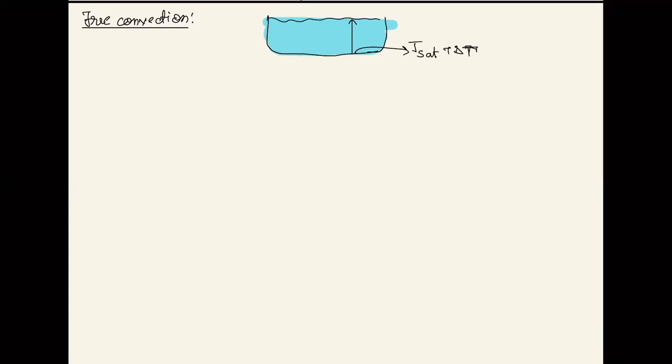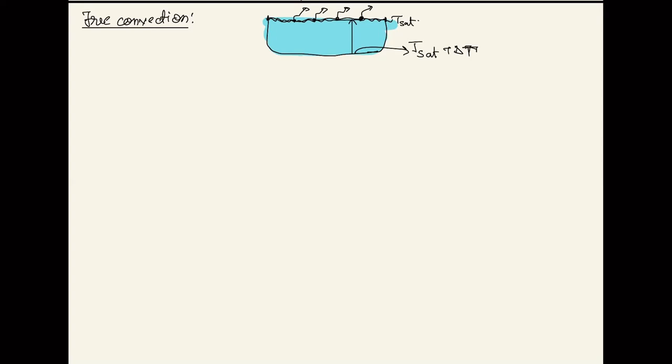Here at the top surface, the temperature is almost equal to Tsat, but slightly higher, and hence the water droplets are getting evaporated from the surface, and we are able to see some vapors. So if at home someone has made Maggi or tea, you can see that initially when you keep this vessel of water on the gas stove, you start seeing some vapors coming out, but if you look closely, there are no such bubbles being formed.